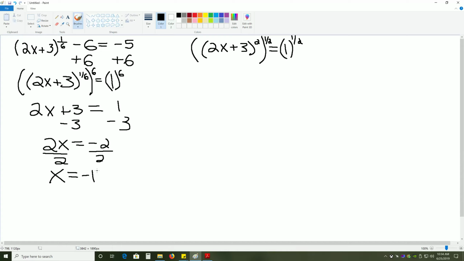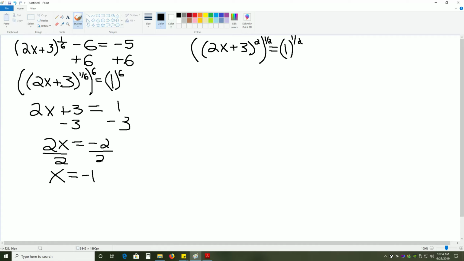But the problem here is we cannot just stop at this point. When we had an exponent of 2 or an exponent of 4 or anything like that, we could just stop.